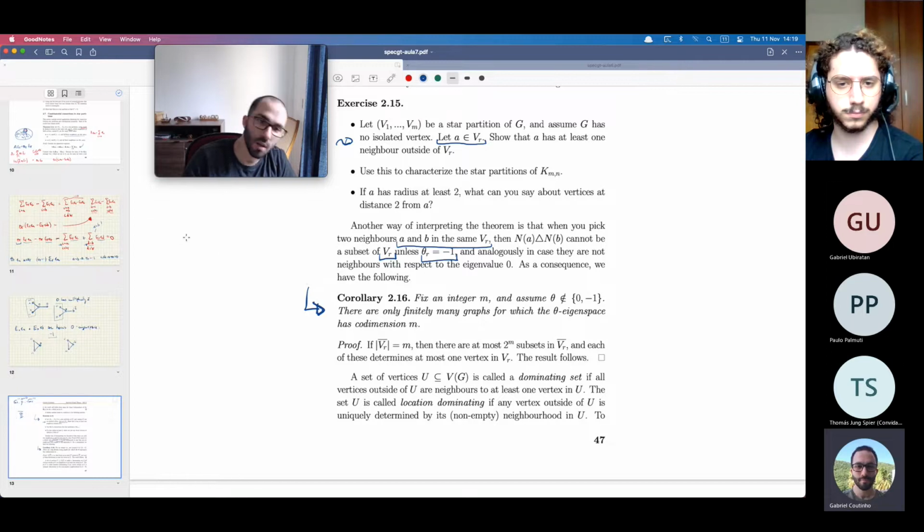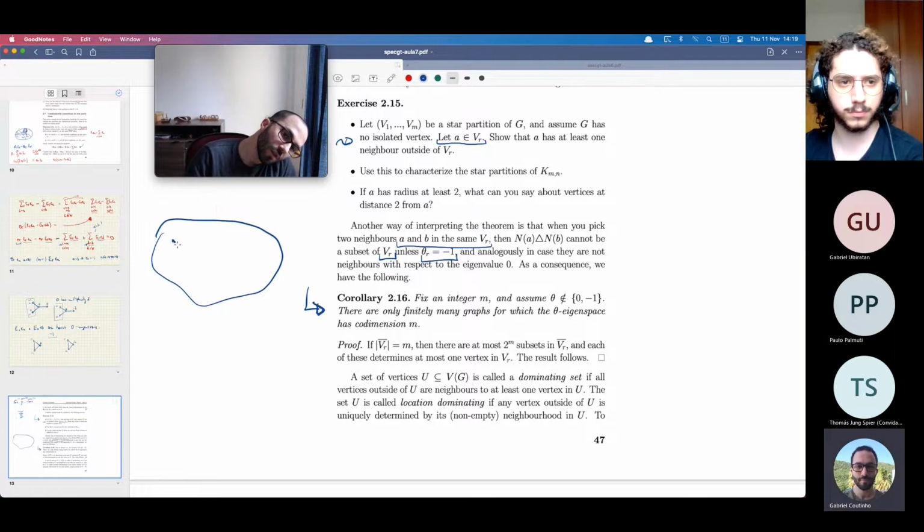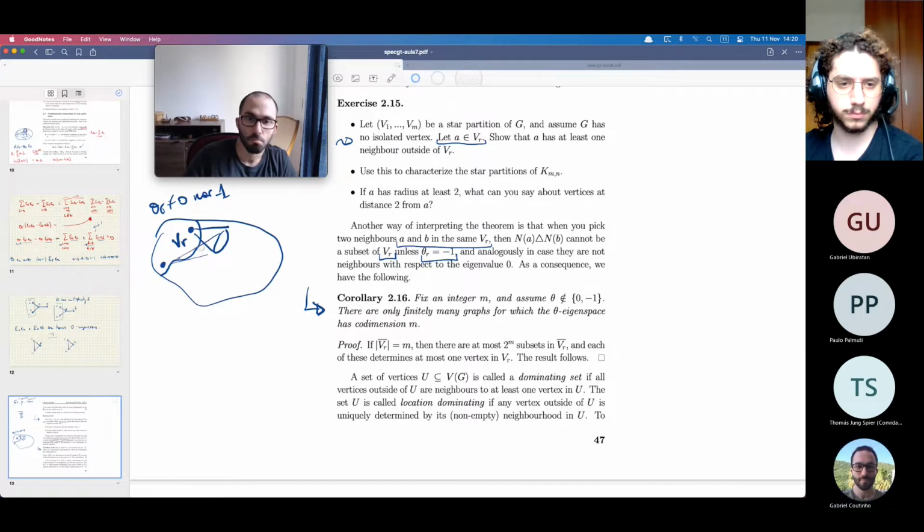Because what's happening here is that when you look at the graph, and here is the VR, and theta r is neither 0 nor -1, each vertex here has some neighbors outside, but another vertex cannot have the same neighbors. So this vertex must have a distinct set of neighbors.